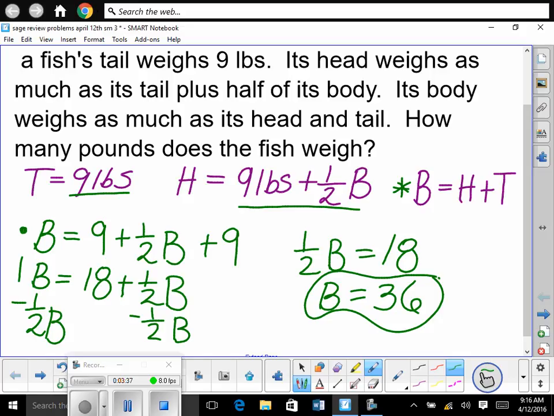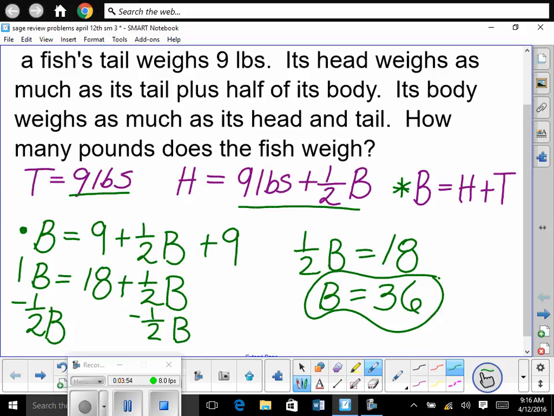Questions? It says, how many pounds does the fish weigh? Doesn't the body weight of a fish equal the head weight plus the tail weight? Okay, we're all good? Those problems on that page are all the same as I started out.